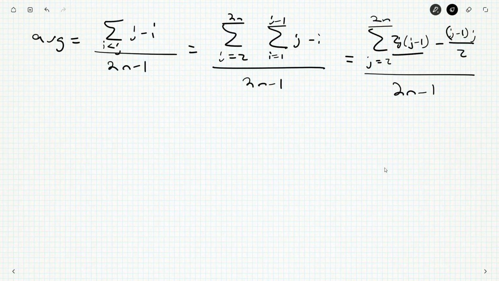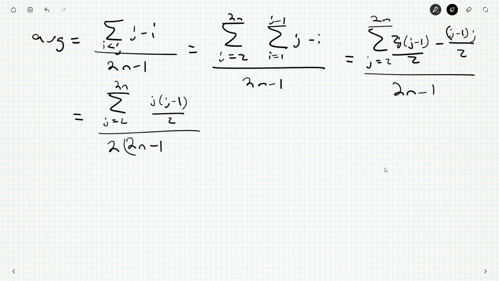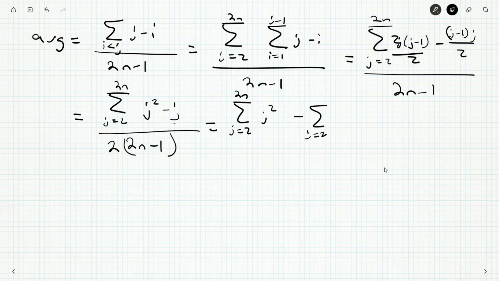Okay, but this is just 2 times this. So our average is just going to be the sum from j equals 2 up to 2n of j times (j minus 1) all over 2, over 2n minus 1. We'll bring the 2 down here again. And once again, we get j squared minus j, which I can split up into the sum of j squareds minus the sum of j's, over 2 times (2n minus 1).